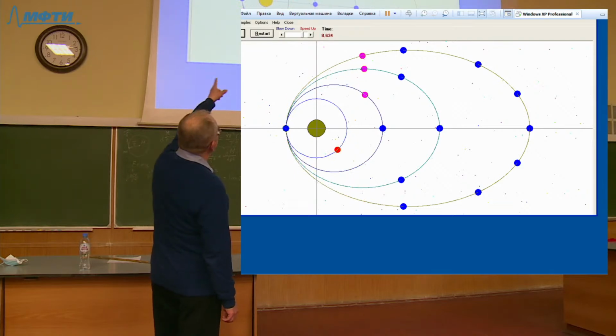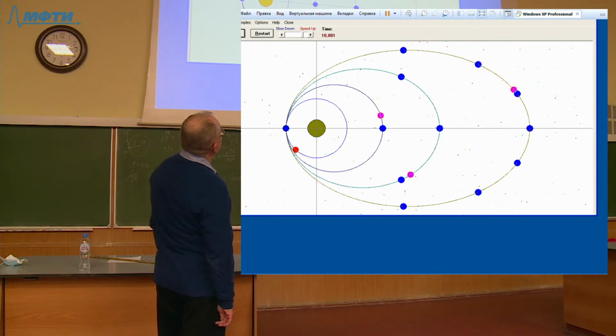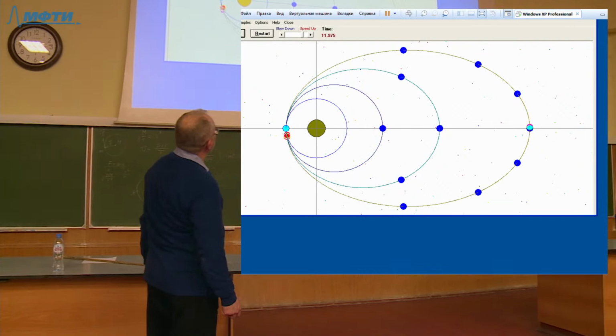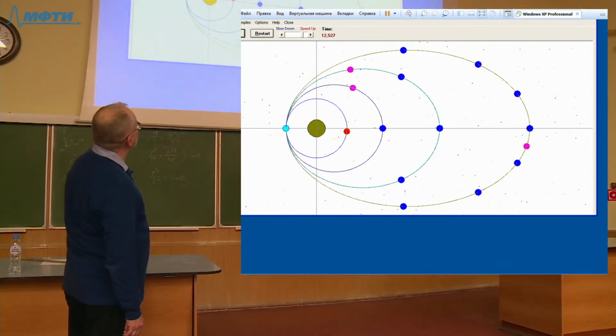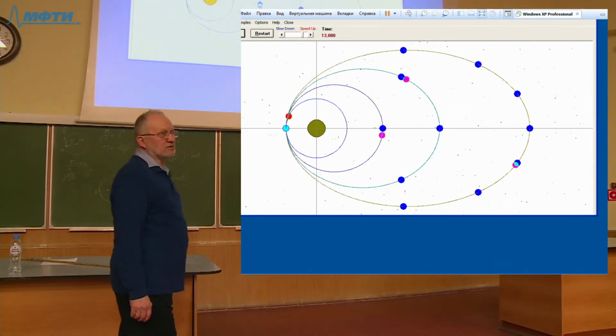And if you look to larger and larger orbits, you see that the period of orbital motion is smaller when the semi-major axis is larger. So this is the demonstration of Kepler's law number 3.